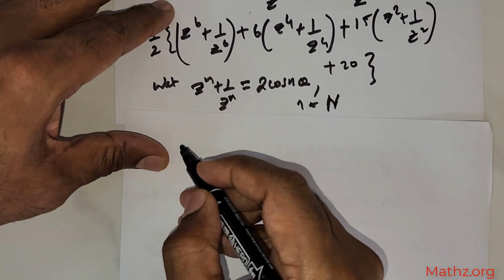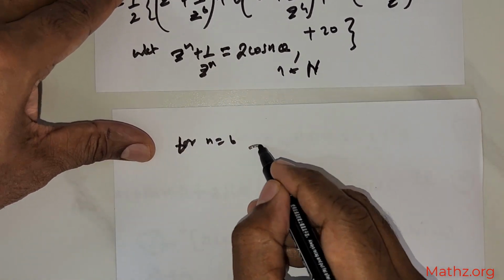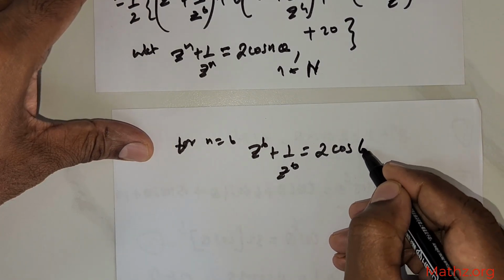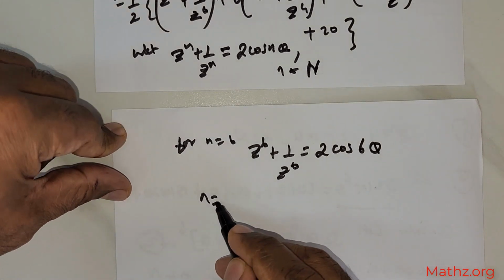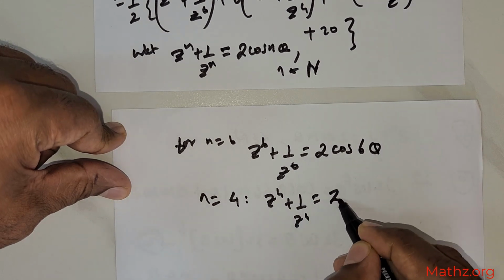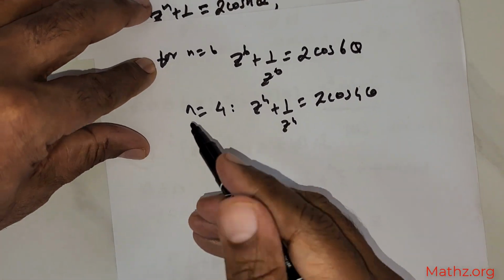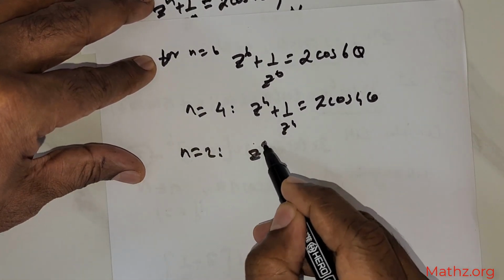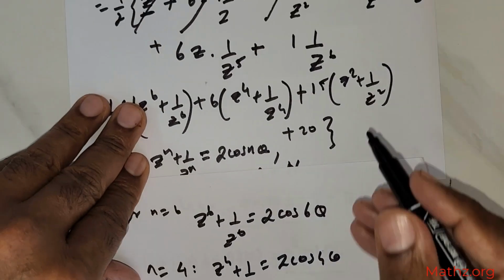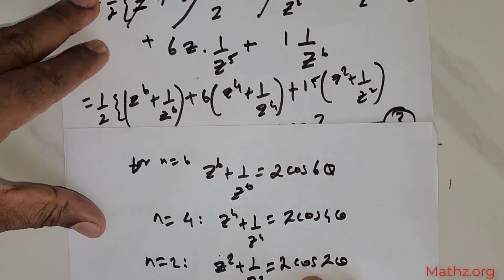Therefore for n equal to 6, z power 6 plus 1 over z power 6 is equal to 2 times cos 6 theta. Now n equal to 4, z power 4 plus 1 over z power 4 is equal to 2 times cos 4 theta. Now z squared is there, you need to get z squared. So n equal to 2, z squared plus 1 over z squared is equal to 2 times cos 2 theta.